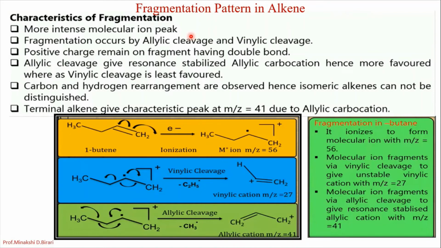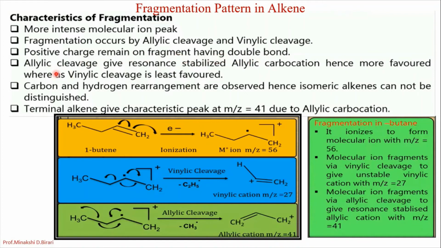Then the fragmentation occurs by allylic cleavage and by vinylic cleavage. The positive charge again remains on the fragment having the double bond. Here the positive charge is present on the fragment which has the double bond.